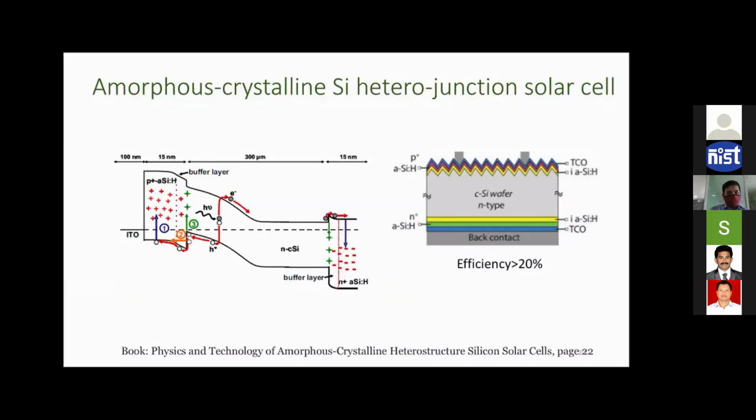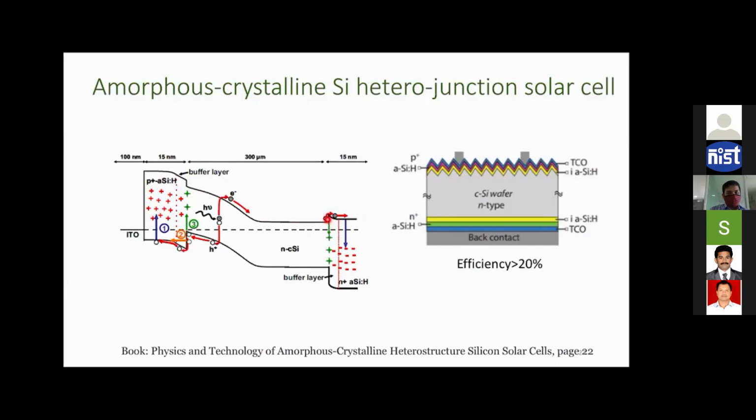Okay, now what about the electron transport? This electron, because of the high barrier it sees while moving towards the P side, will go downhill and diffuse towards this N plus amorphous silicon.